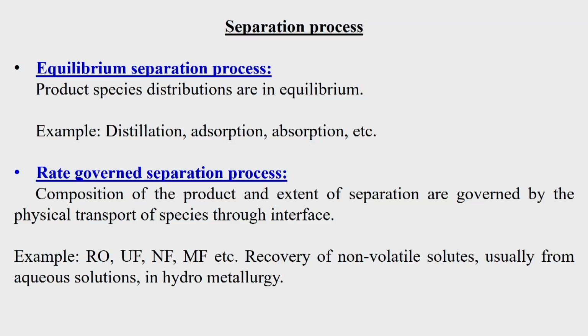We call this a semi permeable barrier, because it allows one component to pass through this barrier and restricts the other component. The examples are reverse osmosis, ultrafiltration, nanofiltration, microfiltration, etc.